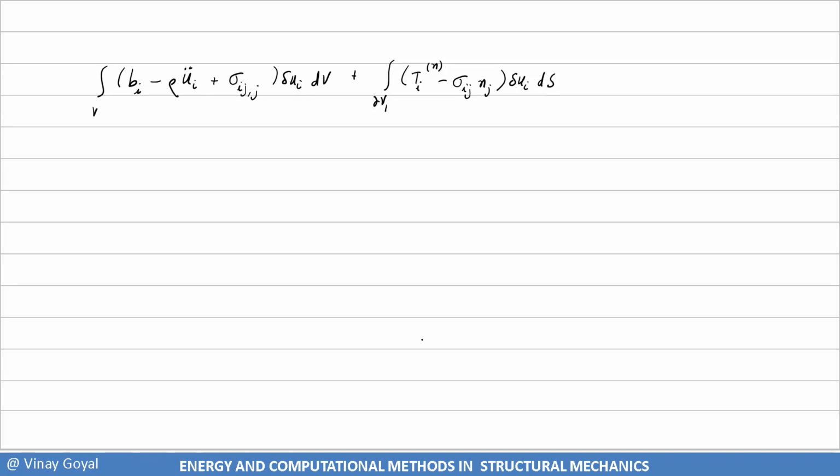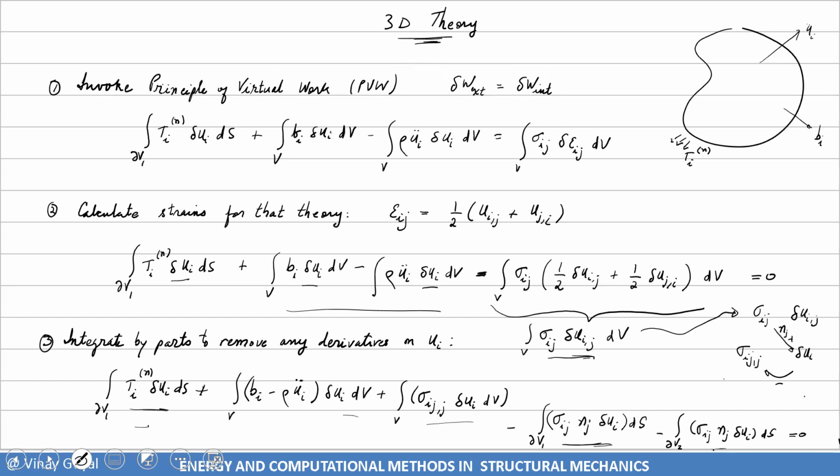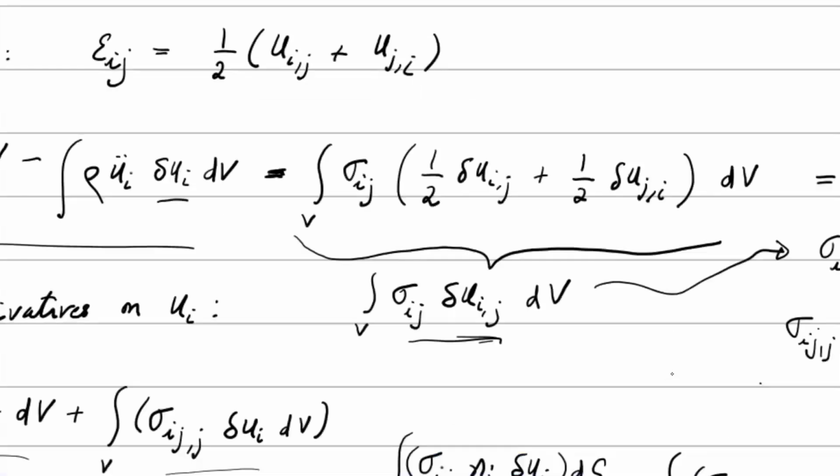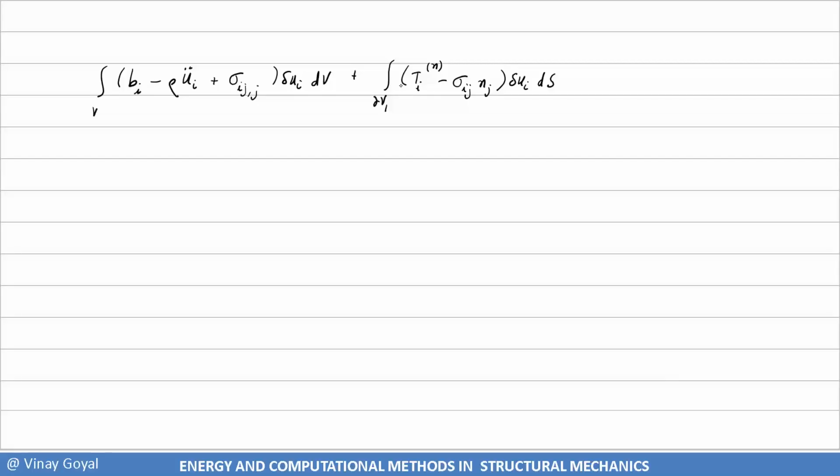And then I also have this term right here that's left out, minus, and then I have this term here at the end, which is minus partial v2, and then I have sigma. So what do I have? I have sigma ij nj del ui ds equals 0.